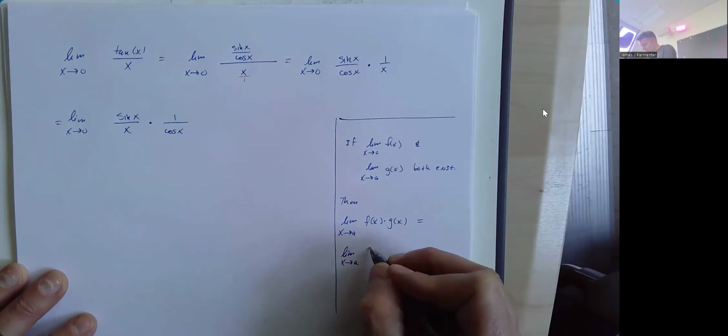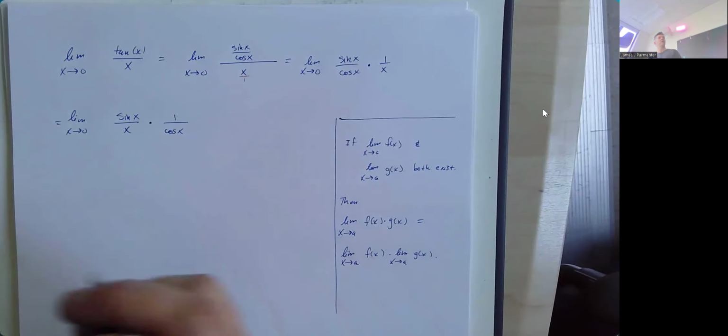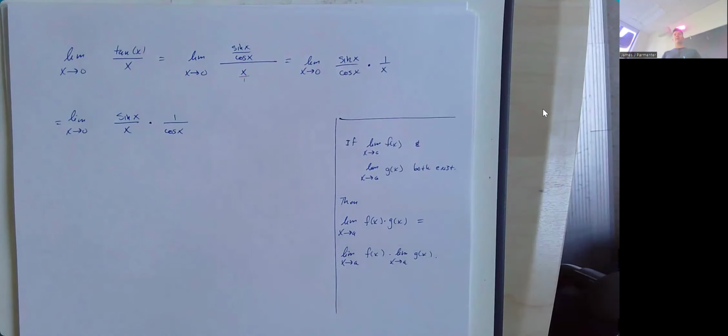The limit as x approaches a of f of x times the limit as x approaches a of g of x. Or in other words, the limit of the product of f and g is equal to the product of the limits of f and g.